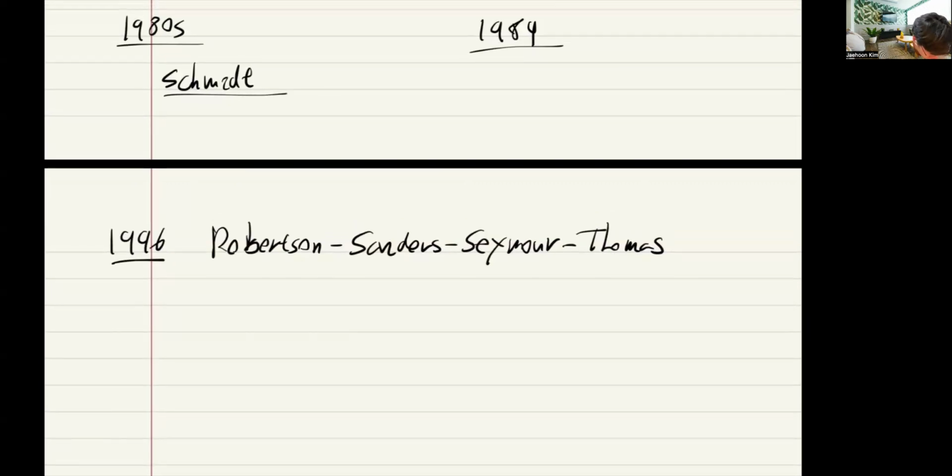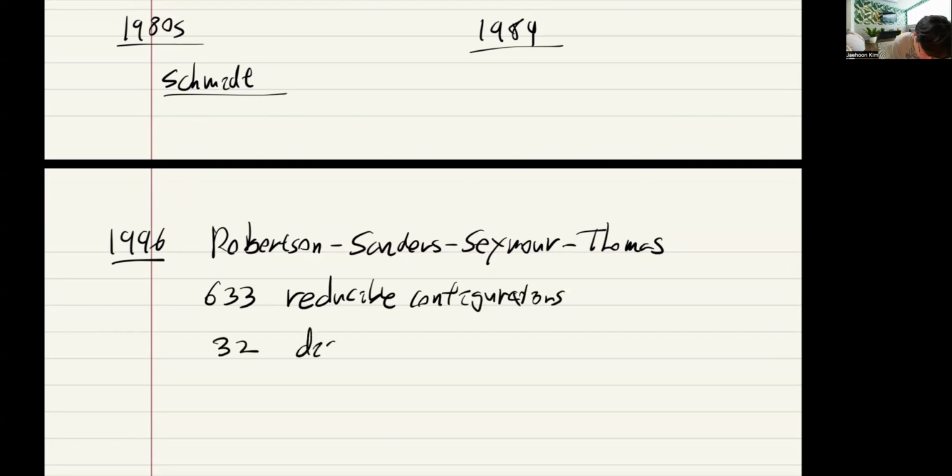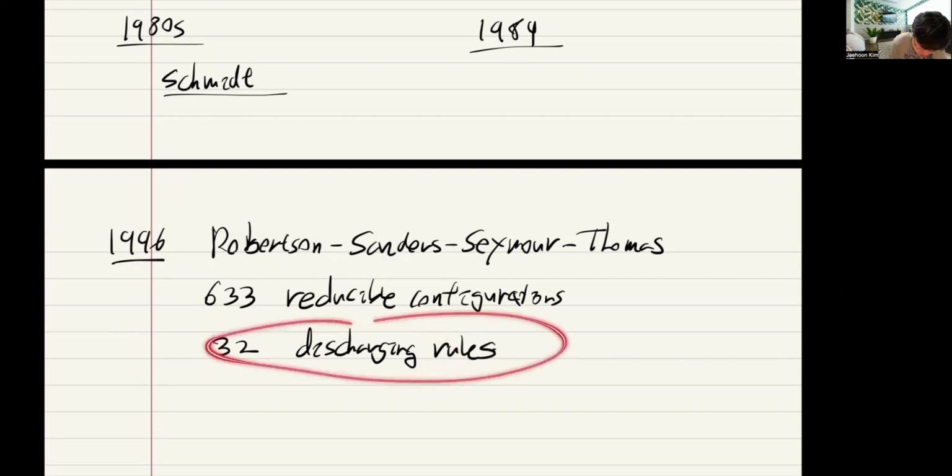They reduced the number of reducible configurations to 633 and 32 discharging rules. I didn't really explain what discharging is, so it's not clear at the moment, but I will explain what this means later.